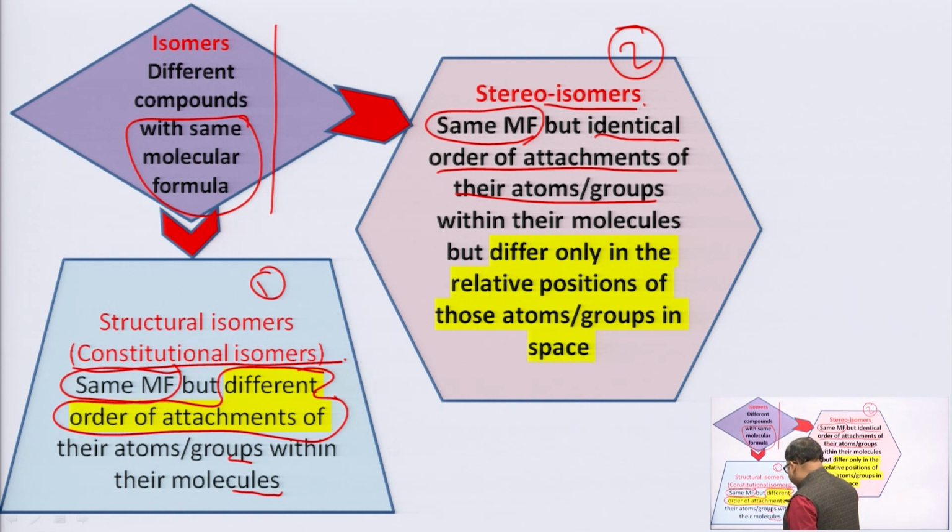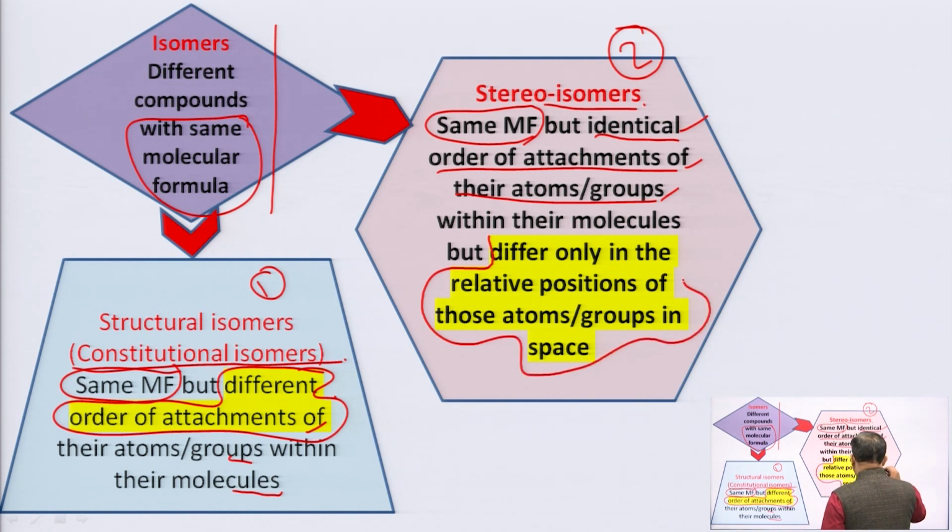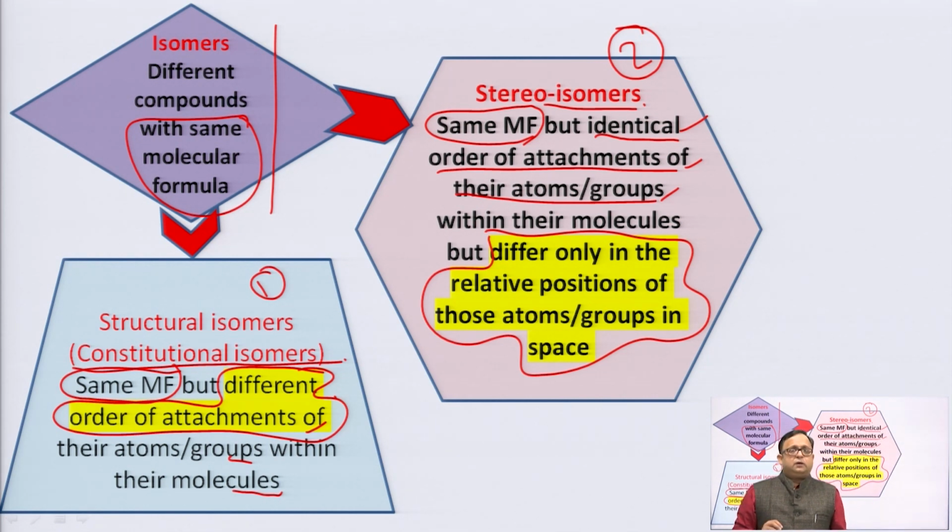Stereoisomers have the identical order of attachment of their various atoms and groups within their molecule, but they differ in relative position of these atoms and groups in space. So, that is the point that creates the difference between stereoisomers and structural isomers. Structural isomers are differentiated on the basis of connectivity, while stereoisomers are explained on the basis of their relative position in space.